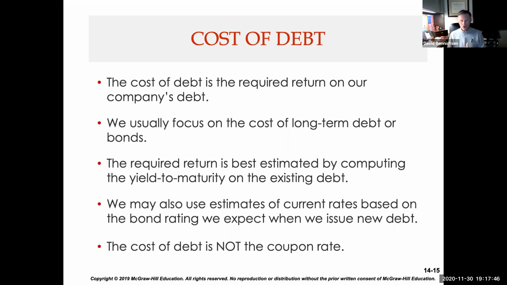The yield to maturity is the IRR, the yield that is required in the marketplace in order to set the present value of our cash flows to zero. I'll show you that in Excel here in a minute.